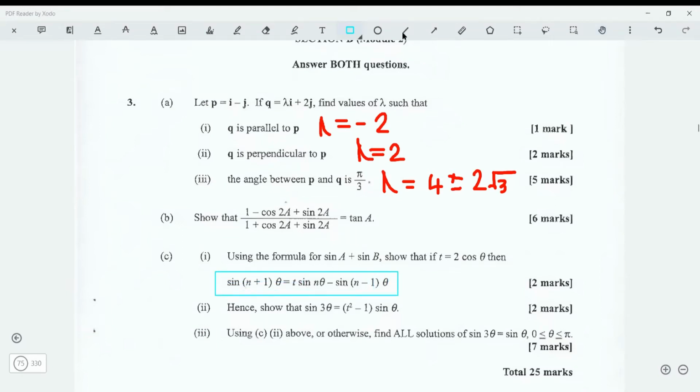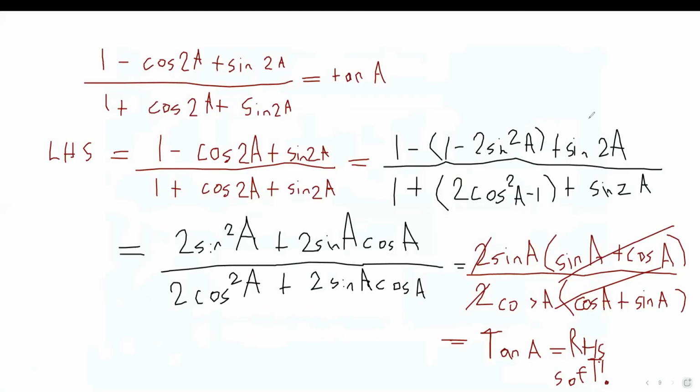And they say using this, Marika. This is what they want to say, use sine A plus sine B. So let's see how we can do that now. So I'm just writing down what we need to show. They said also to substitute T equal 2 cos theta. That's going to come in handy at some point. We don't know when yet.